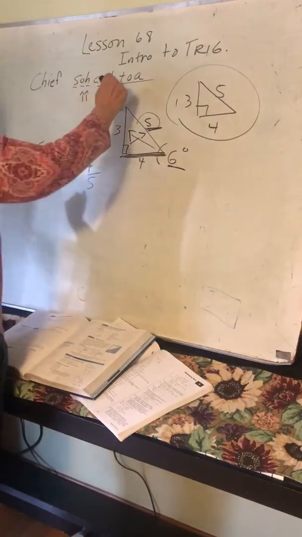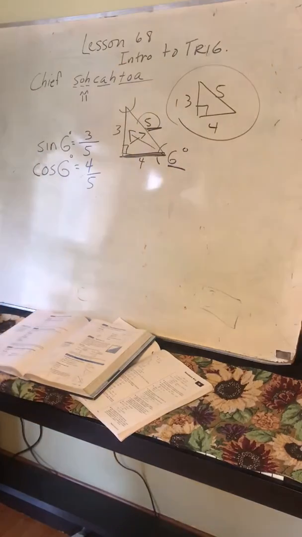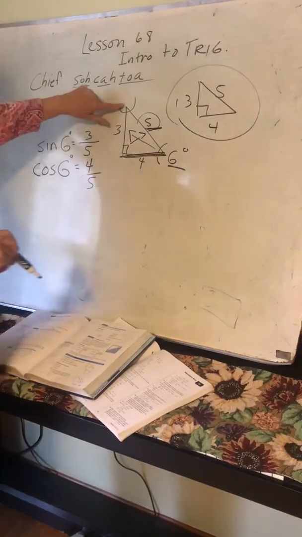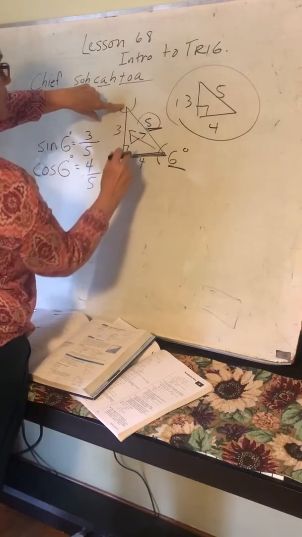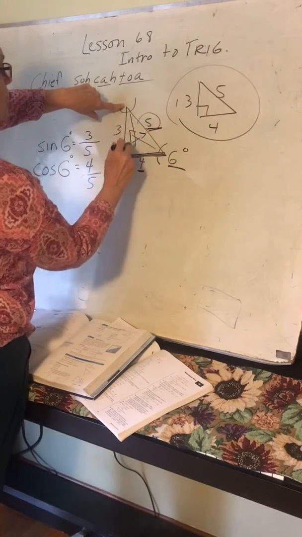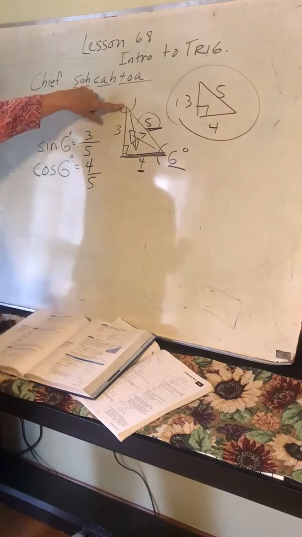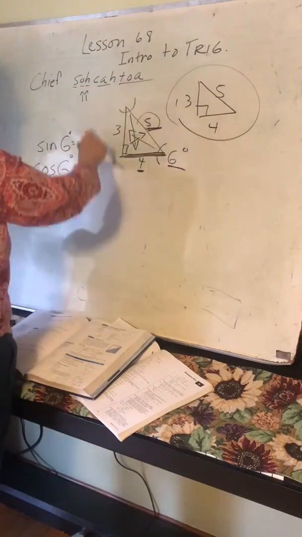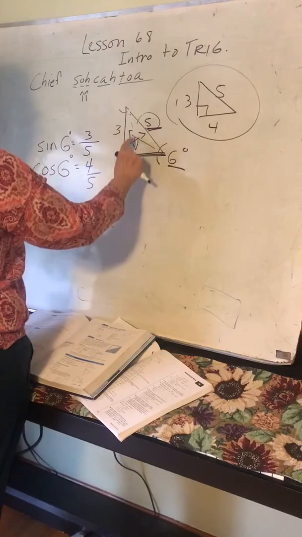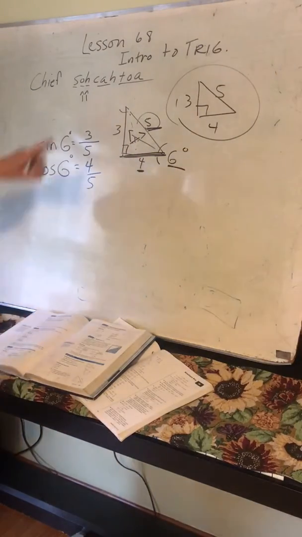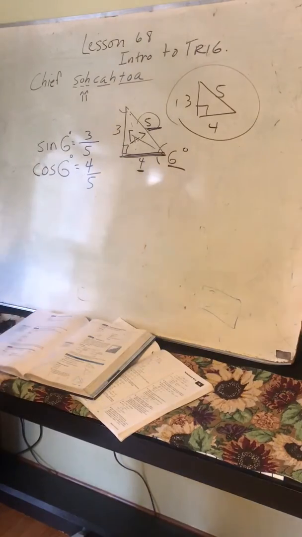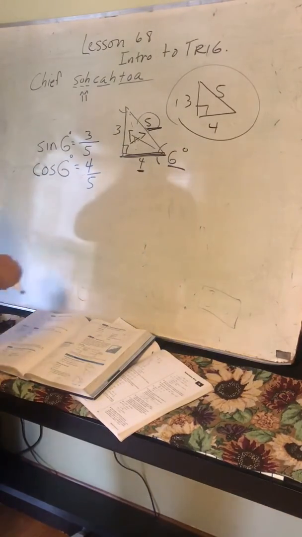If you're looking for an angle up here and they want the opposite side to compute your ratios, then it's going to be this one, right? It's going to be the opposite of that angle. So that's what you have to be careful of right here, because the opposites and the adjacents change. The hypotenuse is always the same, okay?